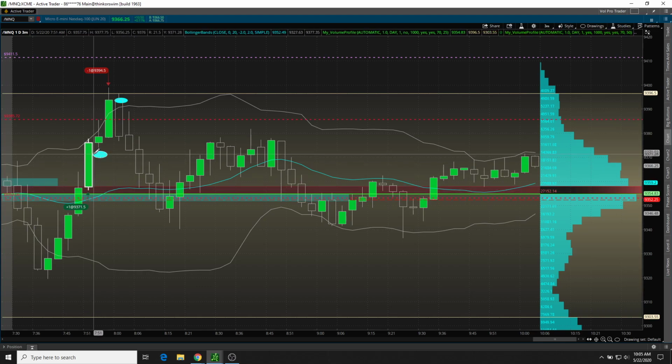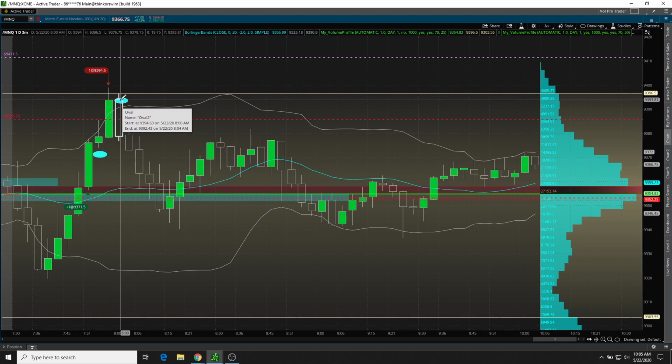So I got in at 71.5, right around the midpoint of this oval. And then I immediately entered my order to close at 94.5.